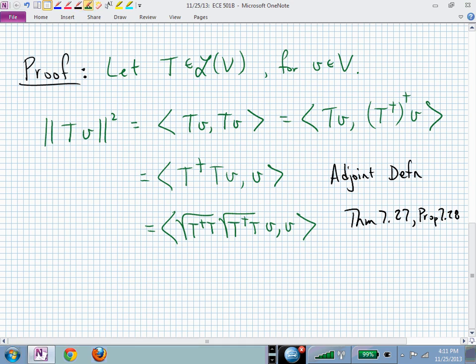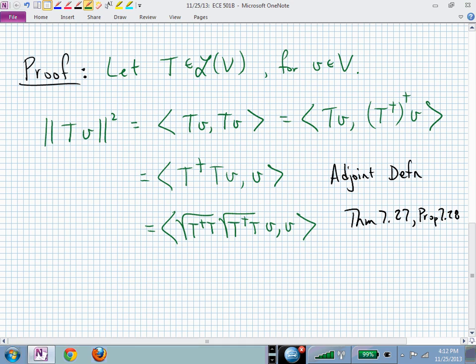Now we're going to do the magic that we just had before with respect to the definition of the adjoint, which means now let's take this first positive square root, take its adjoint and put it over in the second slot, but that square root of T adjoint T is self-adjoint, so we don't really need to worry about forming its adjoint.